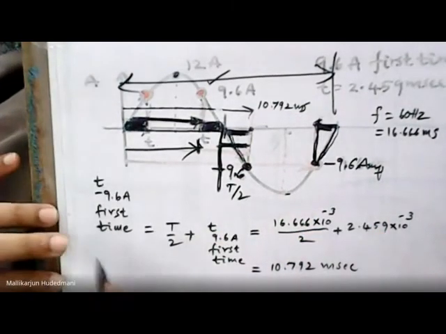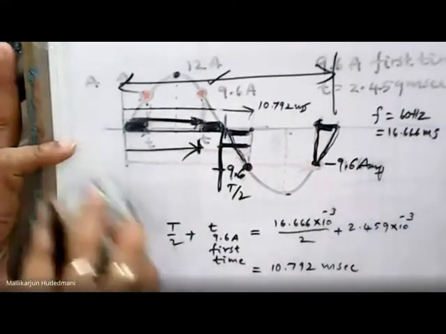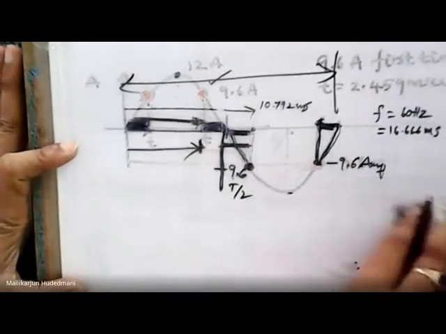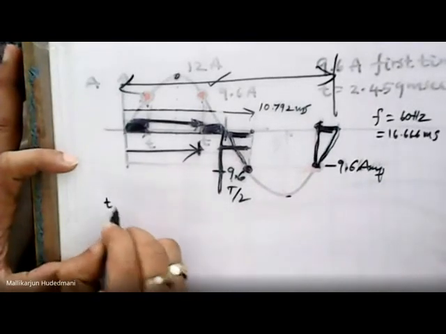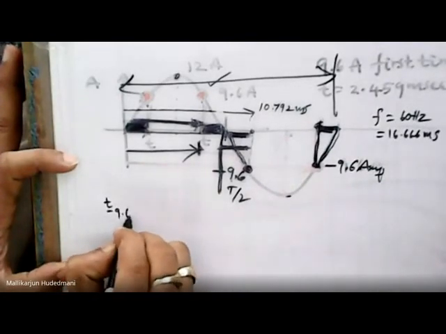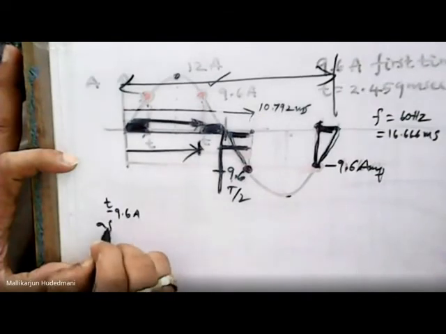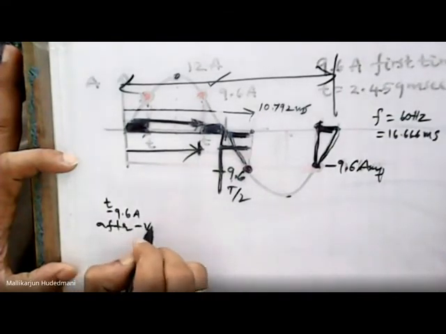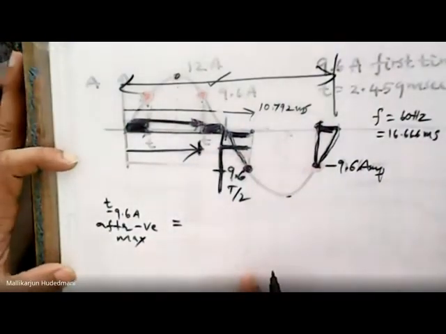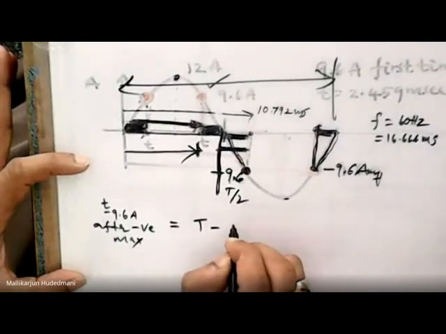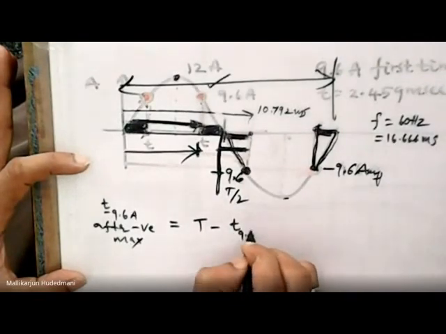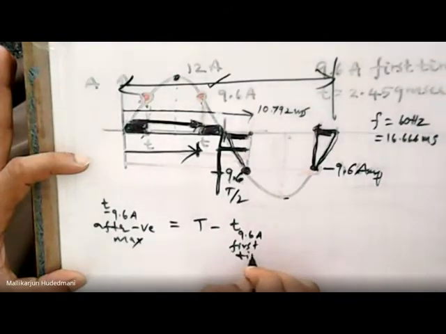So I will repeat here. Time for negative max, first time to second time. Time for minus 9.6 ampere after negative max is equal to T minus time for 9.6 ampere first time.